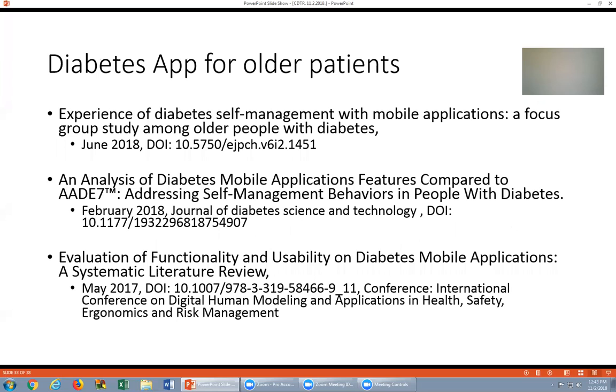So with all of this understanding and finding, we have been able to put together quite a bit of information and promote it forward, and we hope we can continue to work on this. So we've published about the experience of diabetes self-management, about the analysis of the diabetes mobile apps, and then also how to evaluate apps for functionality and usability, especially focusing on the older people with diabetes.